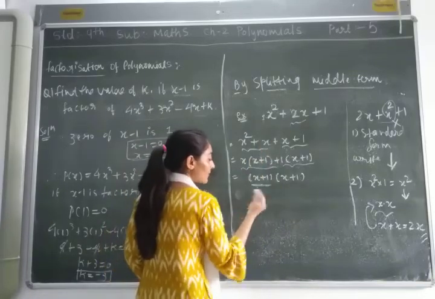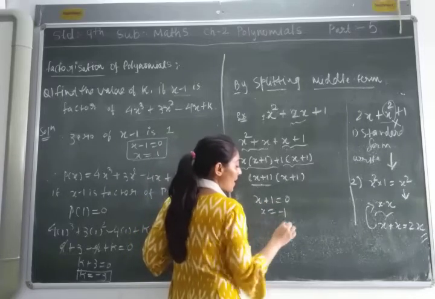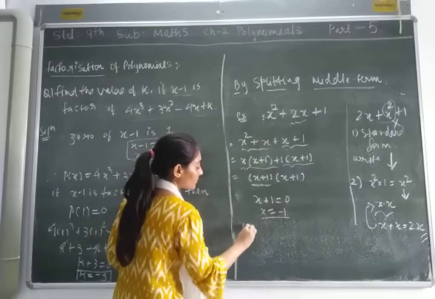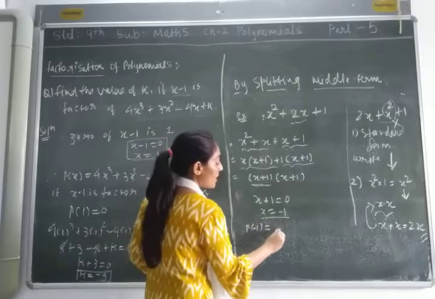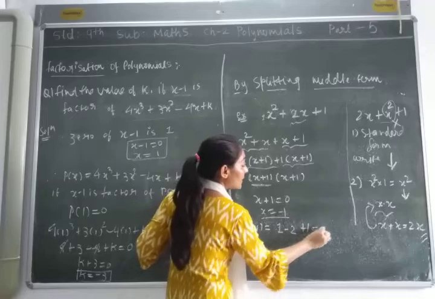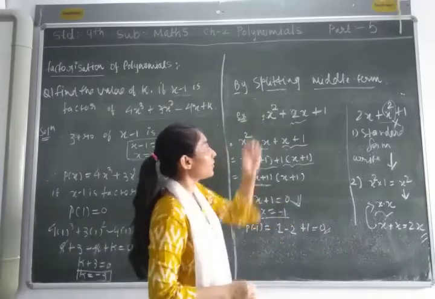First we take the zero: x plus 1 equals 0, x equals minus 1. Now replace x equals minus 1 in this equation. So p of minus 1 equals plus 1 minus 2 plus 1, I am getting 0. Yes, this is a factor of this polynomial.